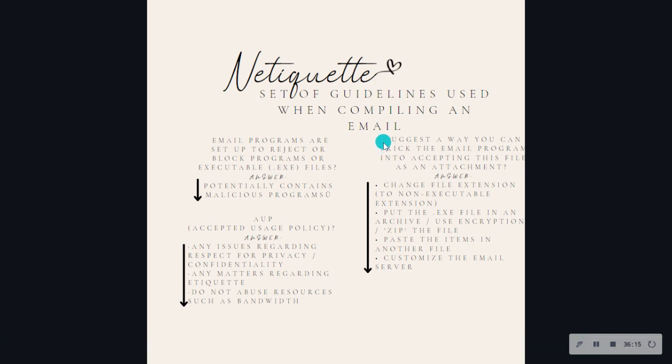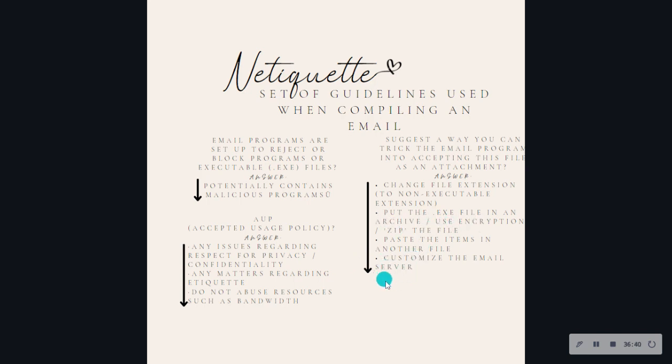Okay, and then the question asked here suggests a way you can trick the email program into accepting this file as an attachment. Okay, the file, let's say something .exe. You can change the file extension, in other words, change the file extension .exe to a non-executable extension.